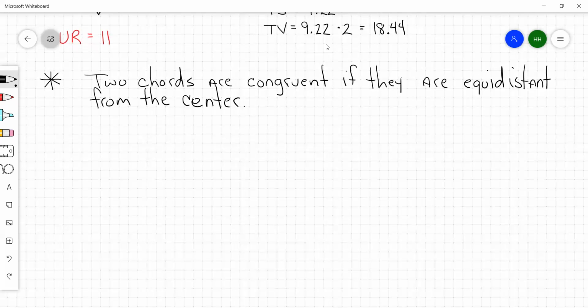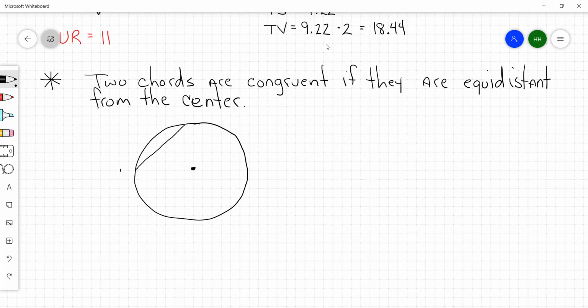So if you've got a circle or congruent circles, if chord AB is right here and chord CD is a bad picture. Chord CD.